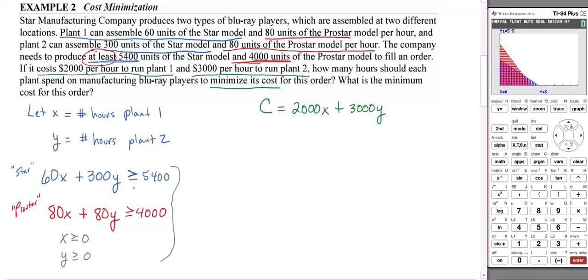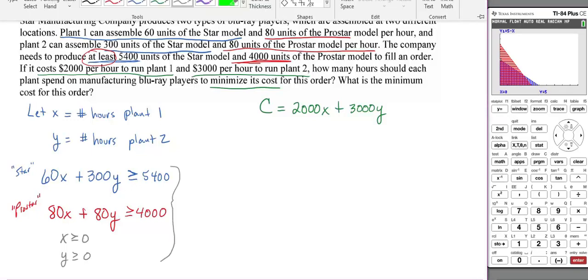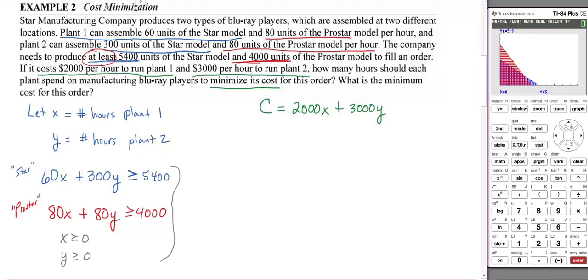Let's go ahead and put them into a form that's easy to put into the equation editor on your calculator. So first off here we'll say y is greater than or equal to 5,400 minus 60x all divided by 300, and this other y is greater than or equal to 4,000 minus 80x divided by 80.